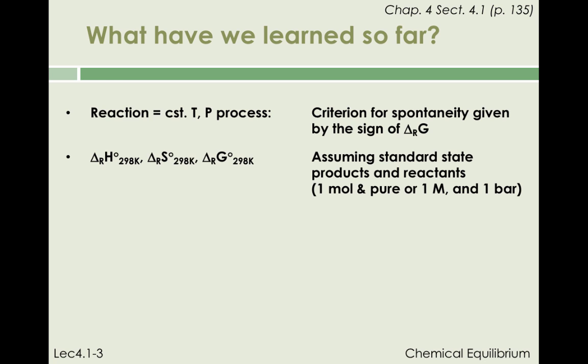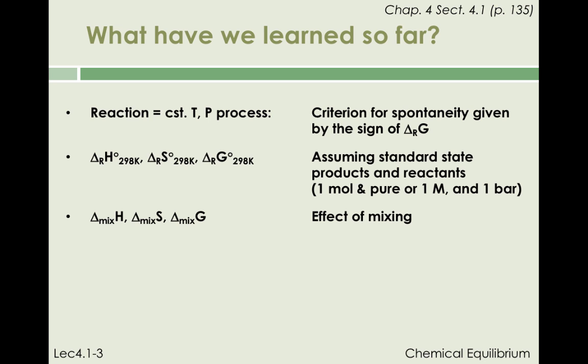So, to provide a more realistic thermodynamic description of a reactive mixture where reactants and products are intimately mixed with each other, we must combine information about chemical reactions in the standard state with information about mixing.